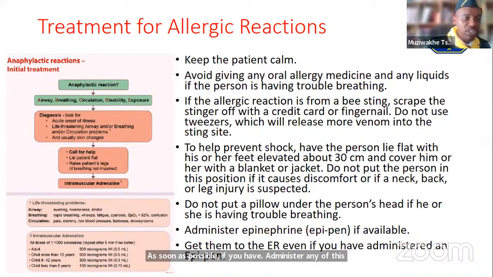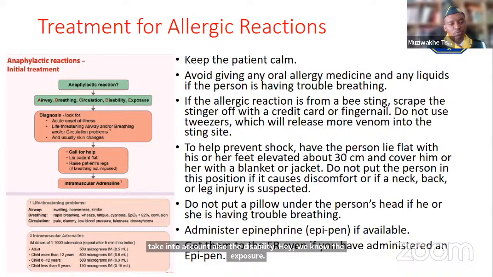And what I just need us to note is that in these anaphylactic reactions, we are careful of the A, B, C, and D. Here is the airway, the breathing, the circulation. We take into account also the disability, and we note the exposure. We need to keep in mind what the child has been exposed to.